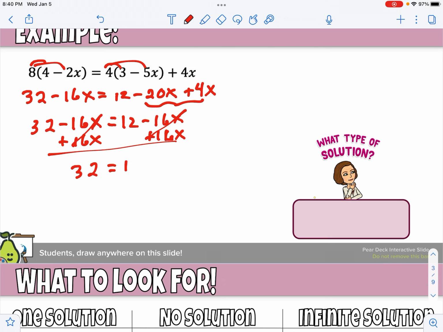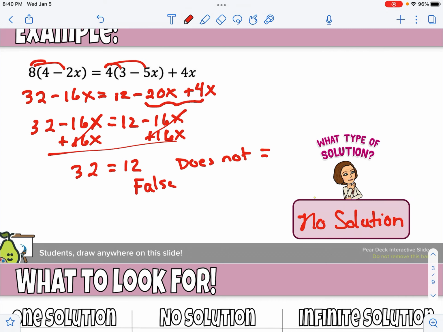The x's cancel out completely, and it says 32 equals 12, which means it's a false statement. That does not equal each other. And since they do not equal, we are going to say that it has no solution.